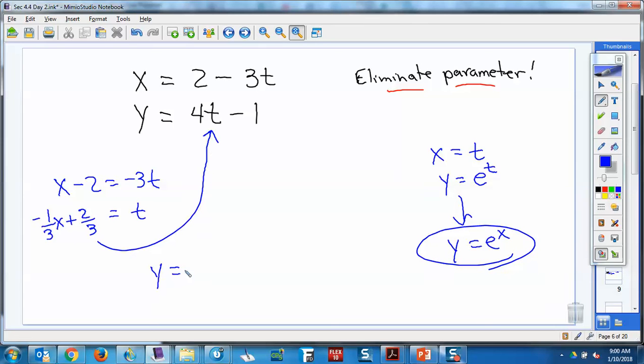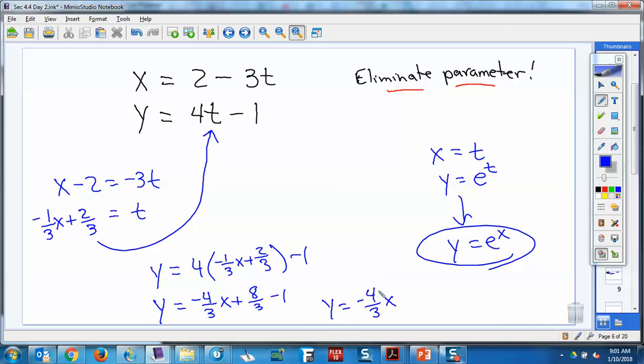So y equals 4 times (-1/3 x plus 2/3) minus 1, which is y equals -4/3 x plus 8/3 minus 1. 8/3 minus 3/3 would be 5/3. So what you will get if you graph that parametric pair is this line, y equals -4/3 x plus 5/3.